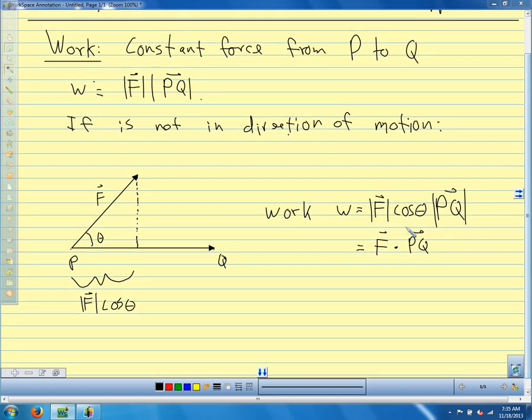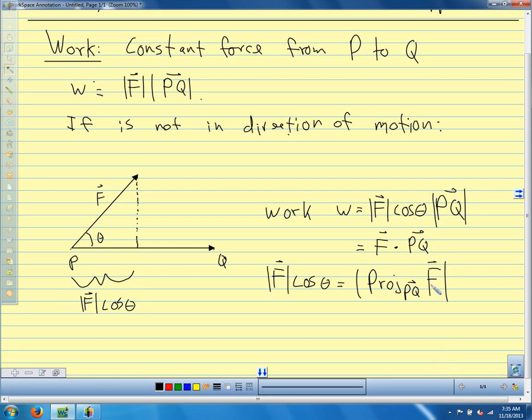And if we recognize that the magnitude of F times the cosine of theta is the magnitude of the projection of F onto PQ, and this is our notation for that, the projection of F onto PQ.